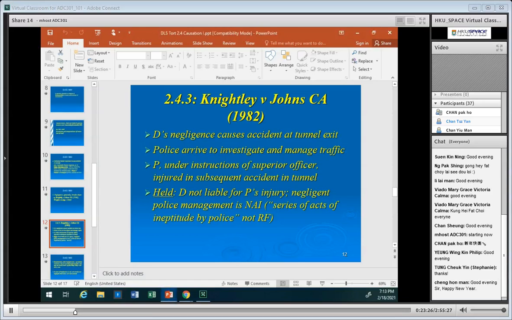Okay, so there you are, Natalie and Jones, or Wright and Lodge. Fairly similar facts, vehicles breaking down on a highway or in a tunnel. And the court found in both cases that there was a novus actus interveniens.